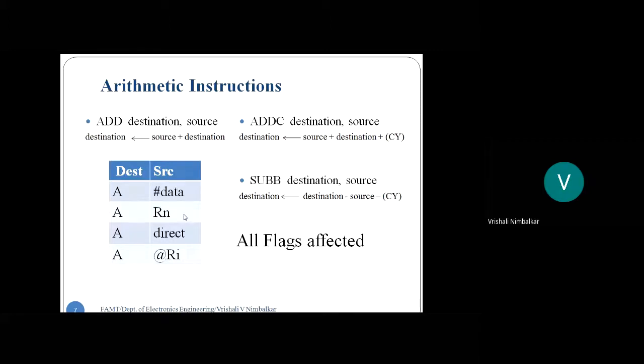Students, also see register B: in place of Rn, R0 to R7, the B register is also possible. Please remember that. We will see ADD in detail; ADDC and SUBB are similar, so we'll take a quick look at ADDC, but we will look at ADD in detail.